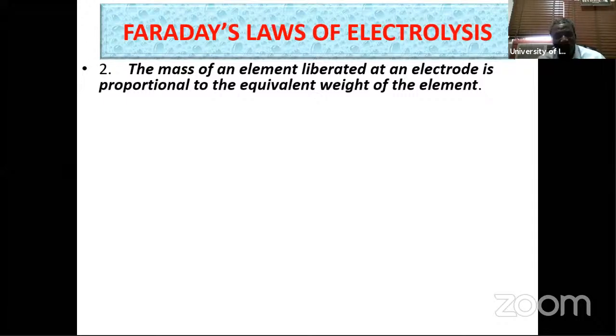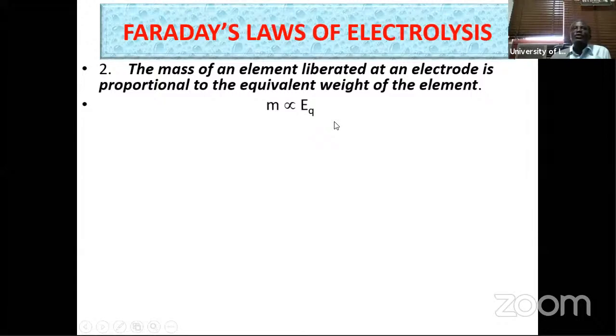What equivalent weight simply means is the amount that will be discharged by 1 Faraday. And that means you are discharging 1 mole of electron. 1 mole of electron will normally discharge 1 Faraday. So what this is saying is that m is proportional to equivalent mass.